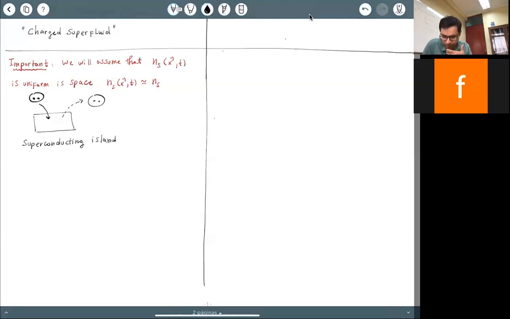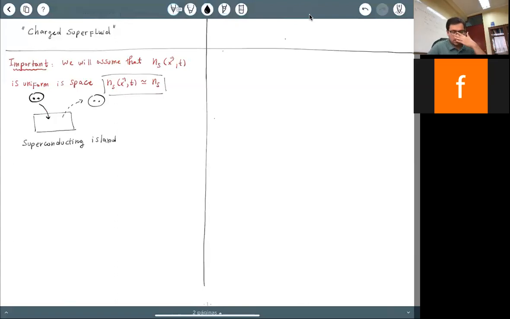So in principle, you may introduce an excess of Cooper pairs or remove Cooper pairs from the island, so that this assumption is not valid; it's not homogeneous. You change a bit the charge of the superconducting island. But if you compare this change with the whole bulk of the superconductor where this situation is embedded, you see that assuming the density of charge carriers to be homogeneous is still a very good approximation.